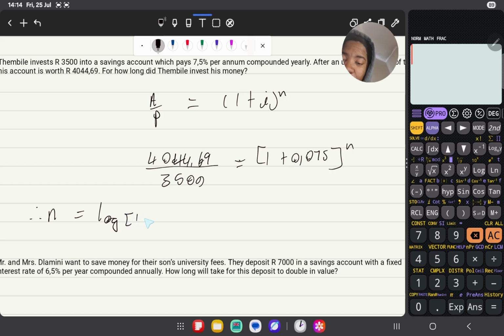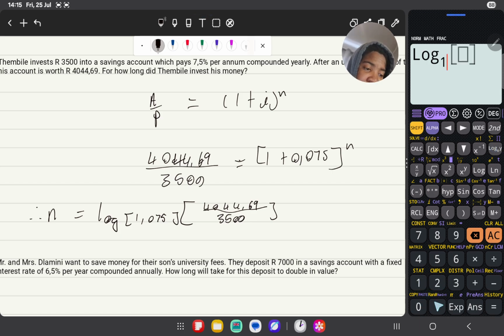Your base, which is going to be 1.075, and then you have the big guys, 4,044.69 over 3,500. Your calculator straight away: log base 1.075 of 4,044.69 divided by 3,500.